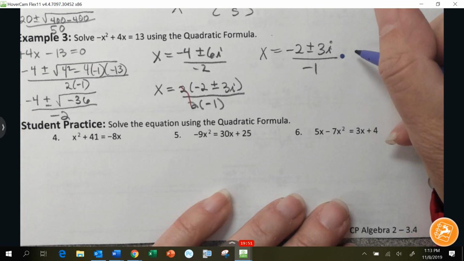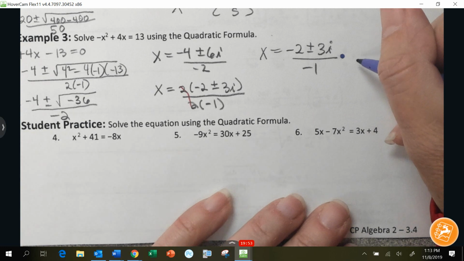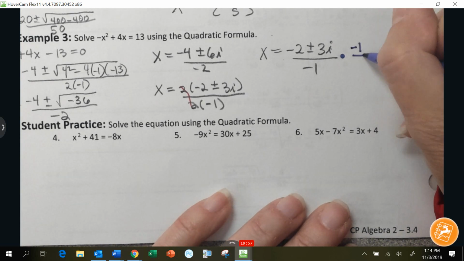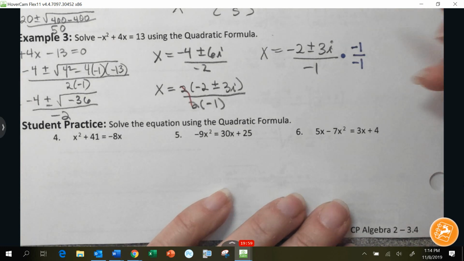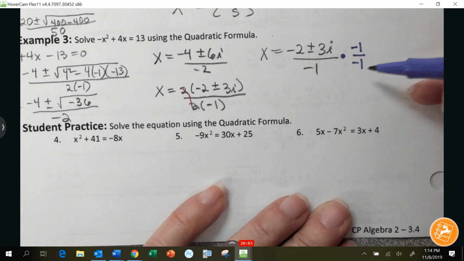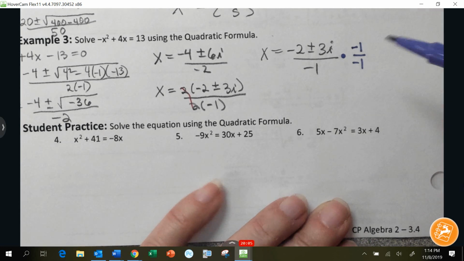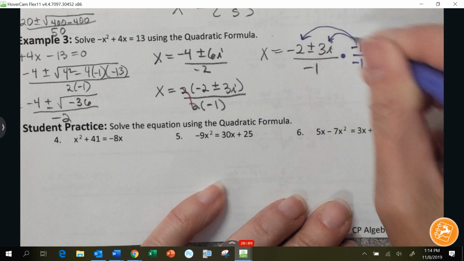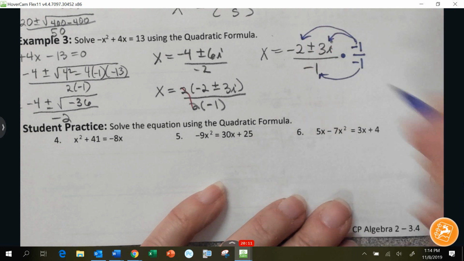I'm literally multiplying by 1. You're only allowed to multiply by 1, but I put a disguise on this 1. Is negative 1 divided by negative 1, 1? Yes, it's just disguised. So on top, I have to distribute that. On the bottom, we just multiply it together.